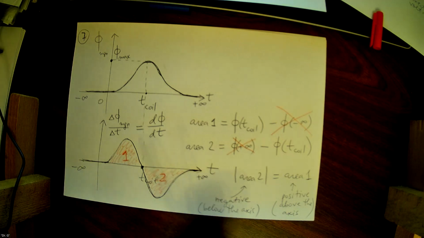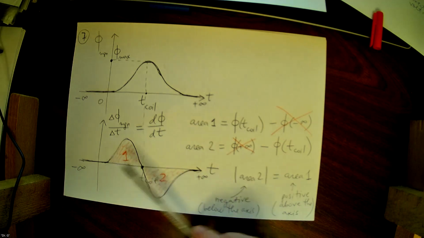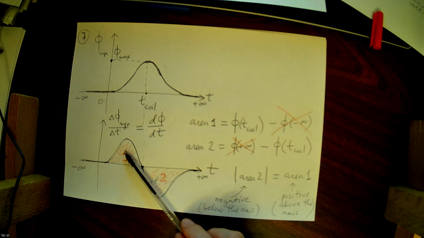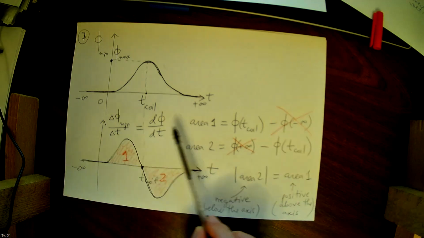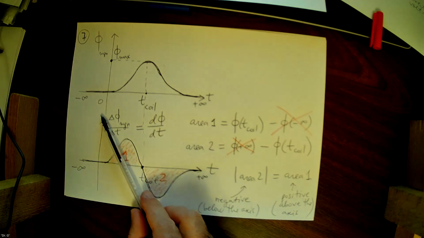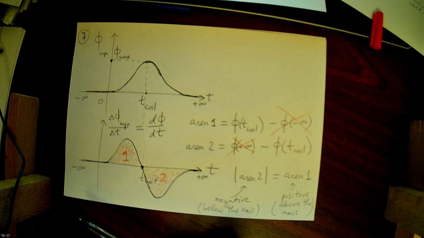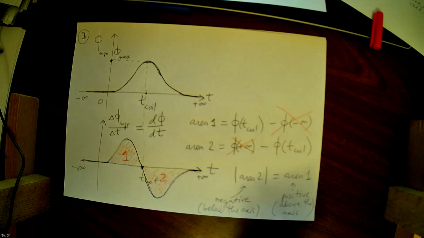Same thing happens whenever we integrate other functions. So if I have a derivative on the vertical axis, then the area is the change in that function that I derivate.